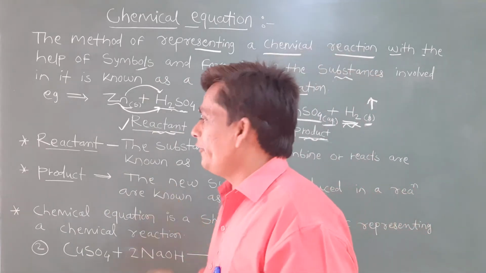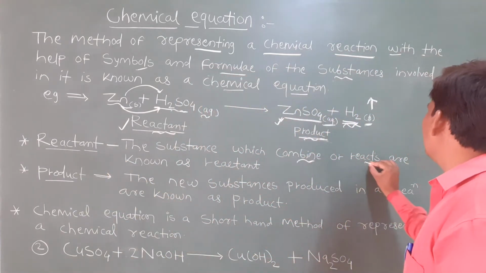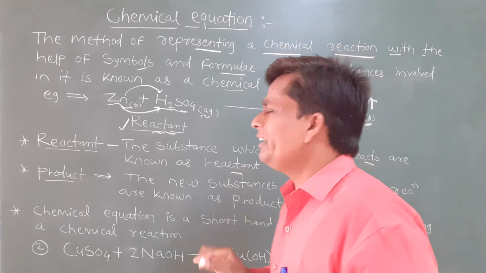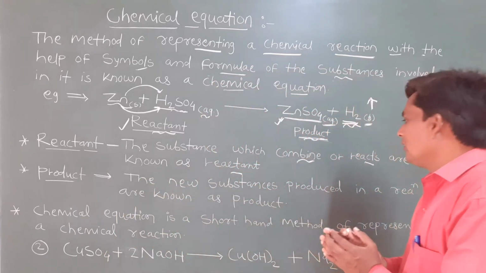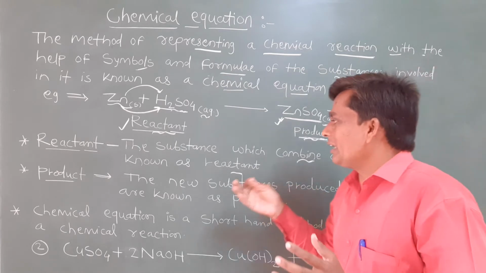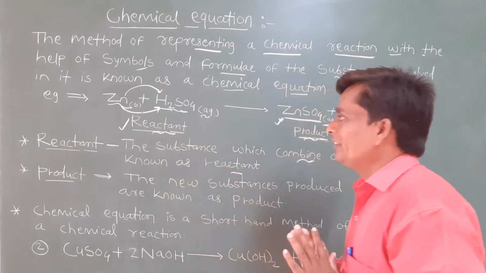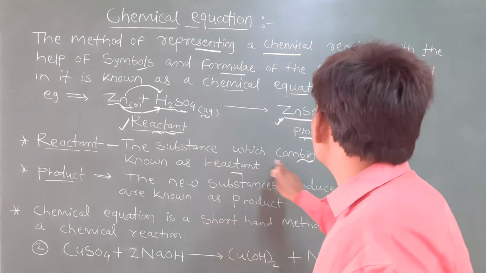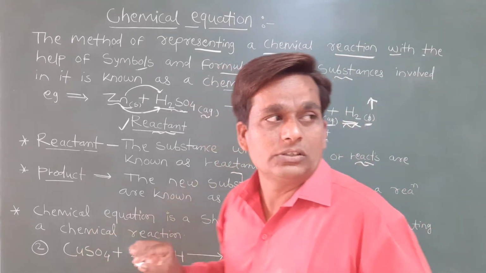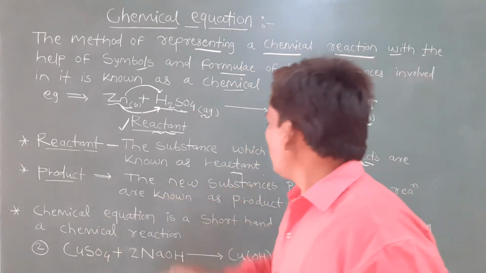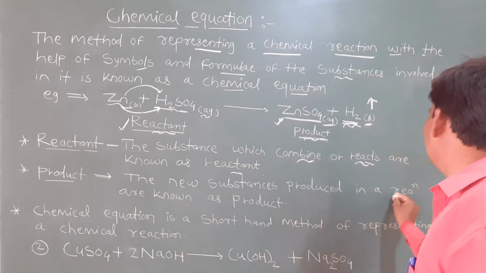Now let's see the definition of reactant. The substances which combine or react are known as reactants. Reactant is any substance which can combine or produce new compounds. Here zinc and sulfuric acid act as reactants. Now the product: the new substance produced in a reaction.